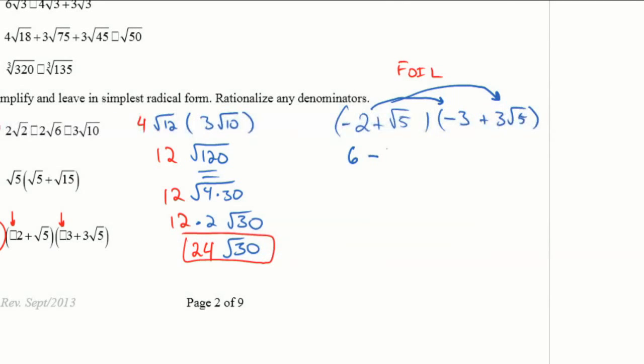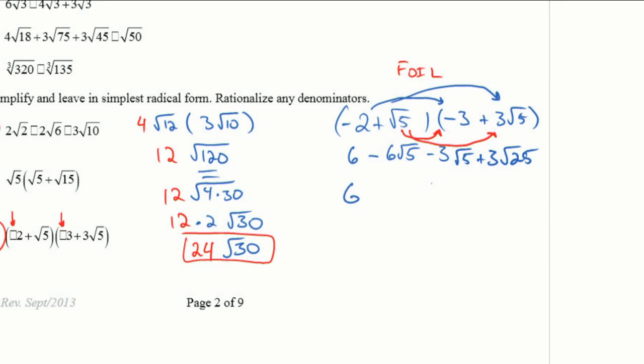I'm going to get negative 6 root 5. And then I'm going to get a negative 3 root 5 from my insides. And then my lasts. My last is going to give me positive 3 root 25.